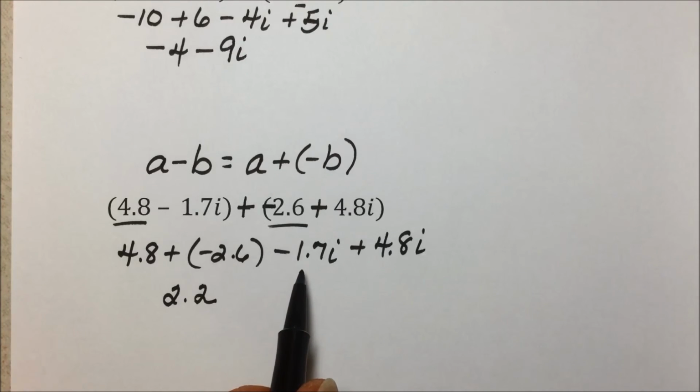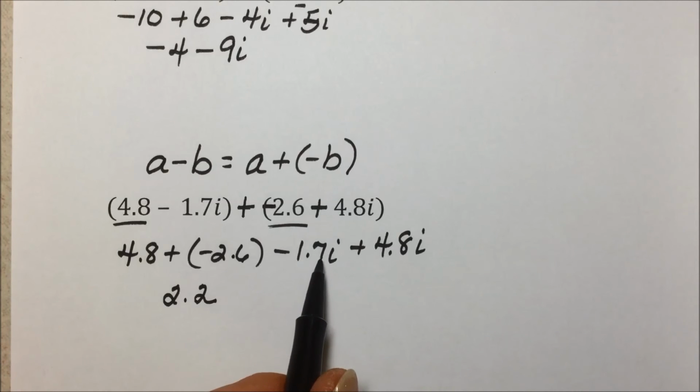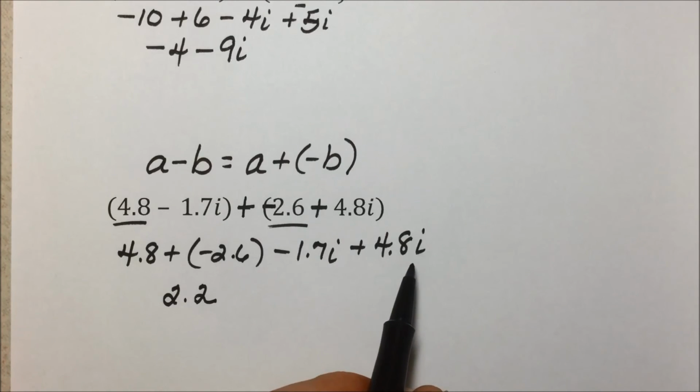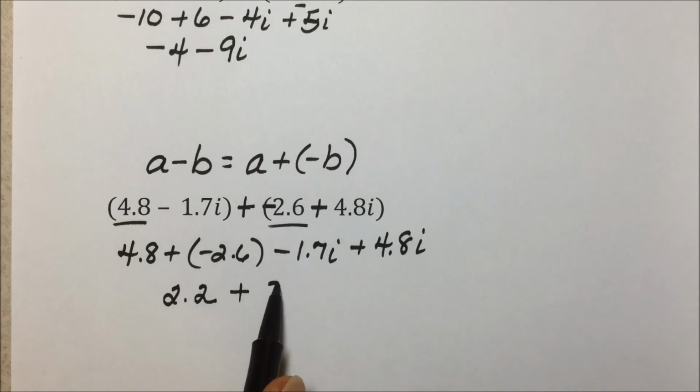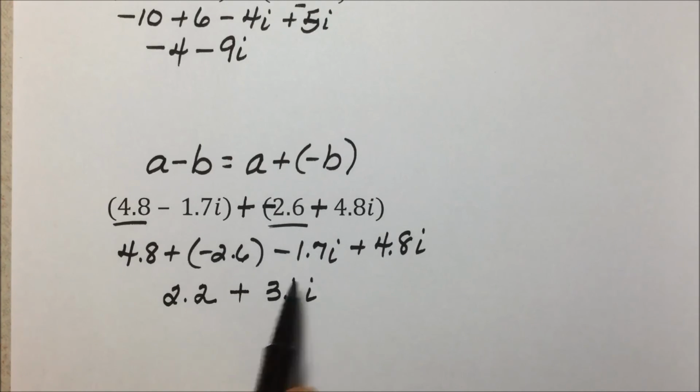And in terms of the imaginary portion of our complex number, negative 1.7i plus 4.8i will put us on the positive side of a 3.1i, leaving our answer in that complex number system of a plus bi.